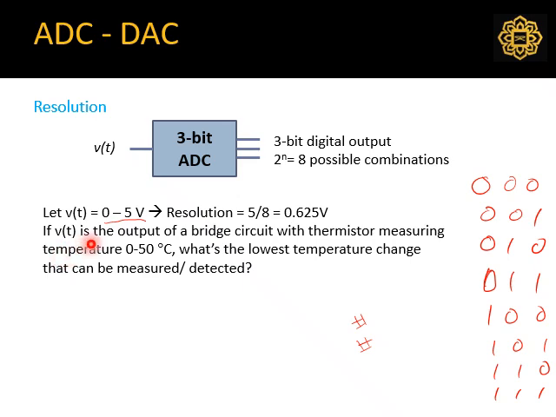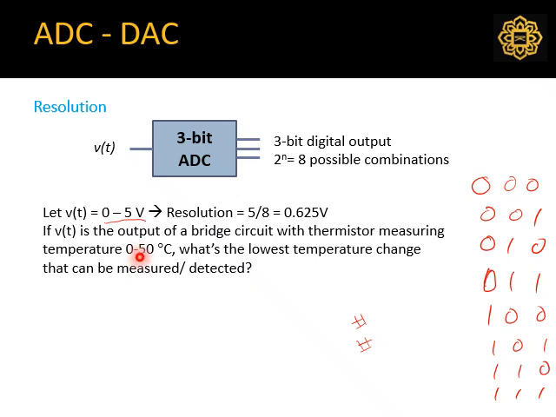Now, let's say VT is the output of a bridge circuit of a thermistor measuring 0 to 50 degree centigrade, so the lowest temperature change that can be measured corresponds to 0.625 volt. So you have to first check. Each voltage change is approximately 10 degrees centigrade.